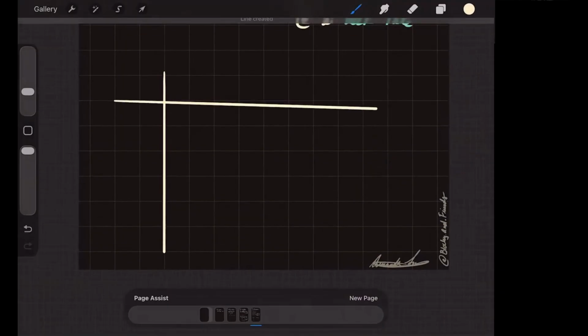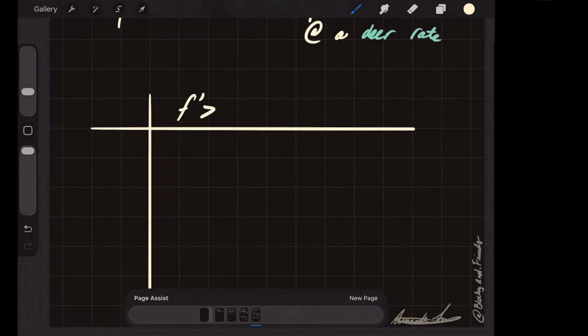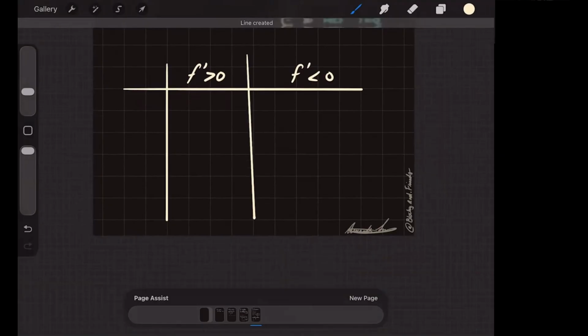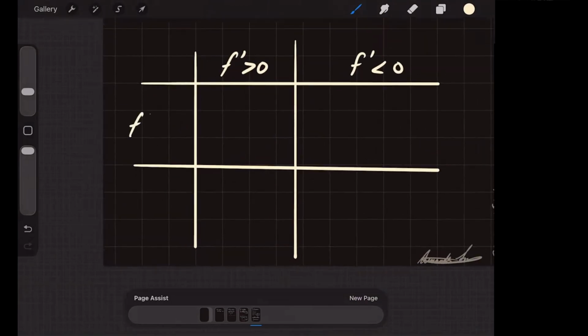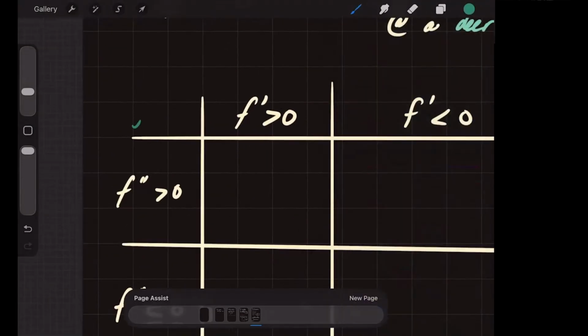if you have f prime greater than 0, f prime less than 0, and then you have f double prime greater than 0, f double prime less than 0, and you have the actual function you're interested in right here.